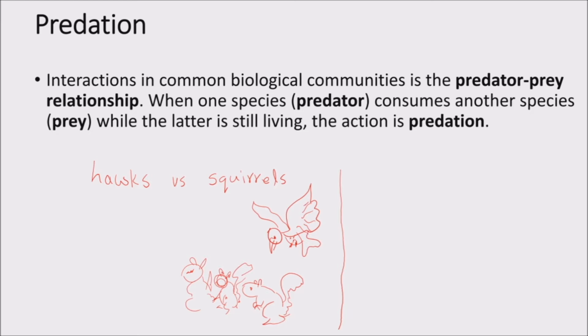If they have enough food, their population goes up, and then they eat more and more squirrels. When they eat more and more squirrels, the squirrel population goes down.